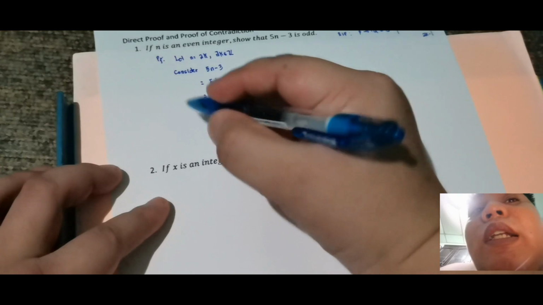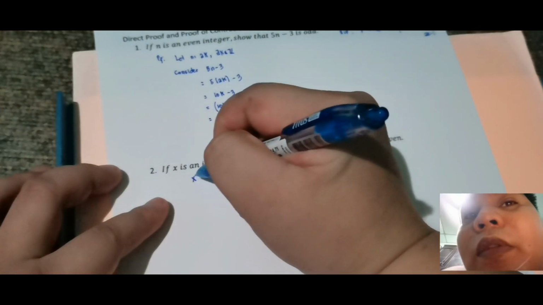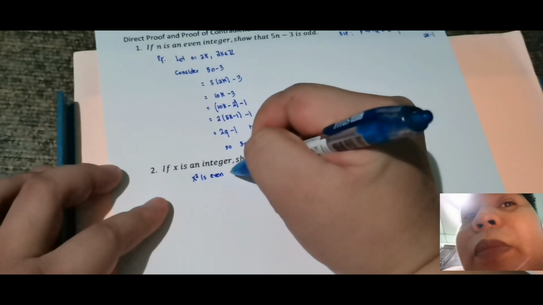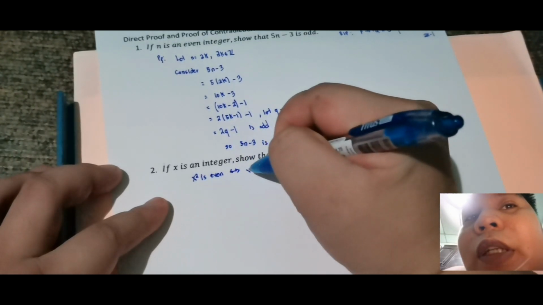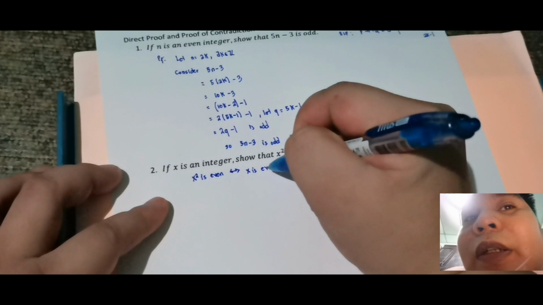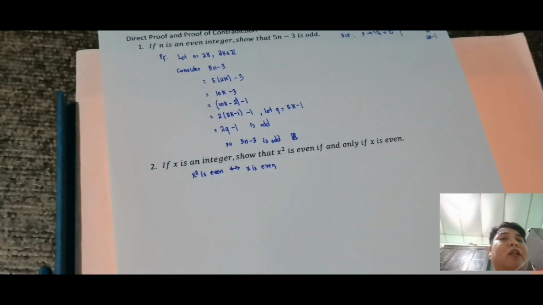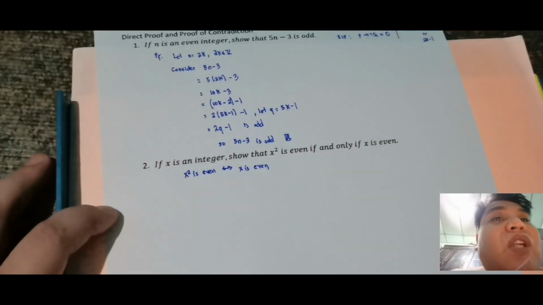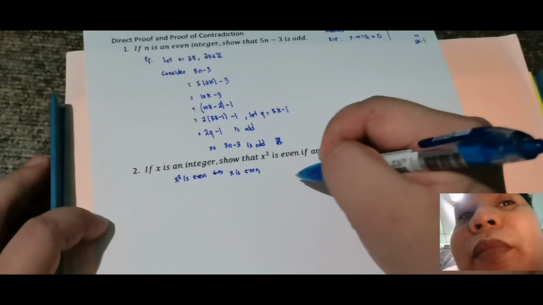So, we have case 1 and case 2. Case 1: assume x squared is even, show that x is even. Case 2: assume that x is even, show that x squared is even. Ngayon, punta muna ako sa case 2. Mamaya na yung case 1, skip ko lang para makita natin yung madali.